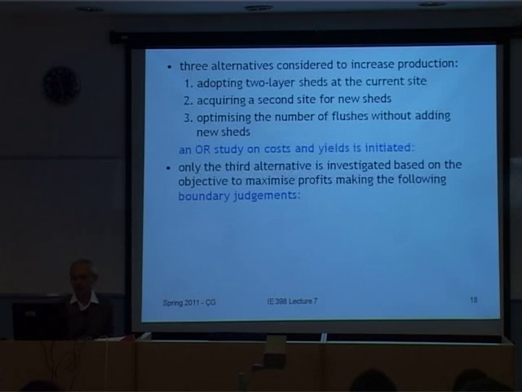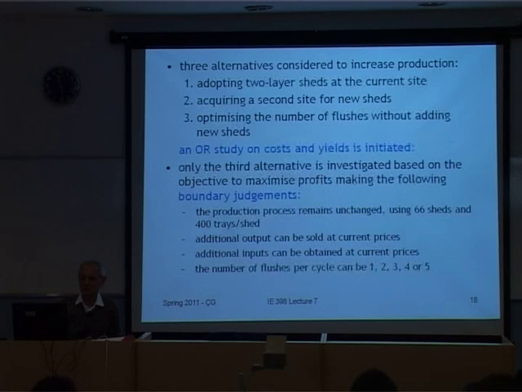So when they decided to take up the third option, they, of course, also make additional assumptions, which are the boundary judgments, as follows: the production process is assumed to be remaining unchanged. That is, the 66 sheds and the 2,400 trays per shed will be the same. We shall be able to sell the additional output at current prices.